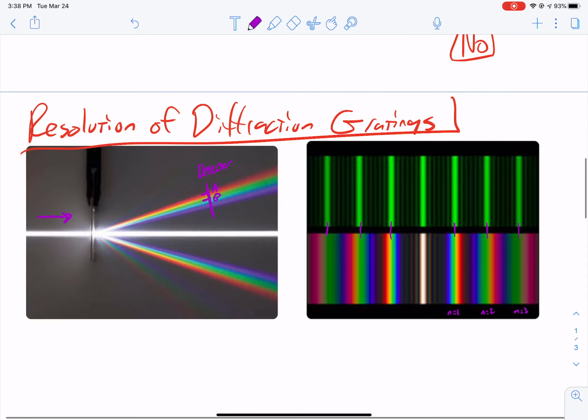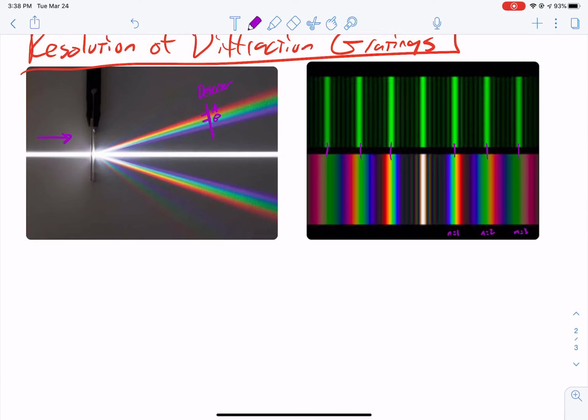Now, here's where resolution comes into this. If I'm a scientist, I want to be able to tell how much of wavelength 600 nanometers is, as opposed to how much is in wavelength 605 nanometers, or maybe 601 nanometers. So for our purposes in this lesson, resolution is what is the smallest gap in wavelengths that I can distinguish.